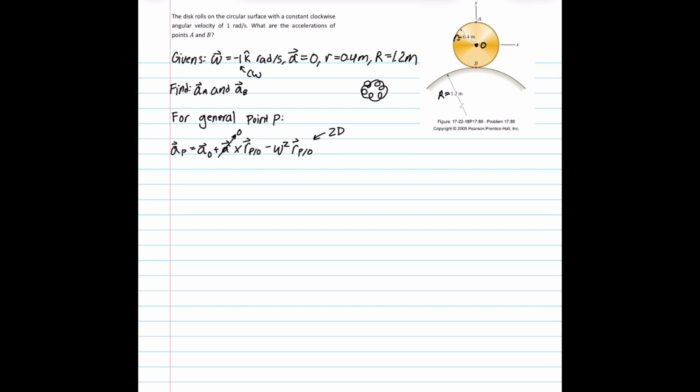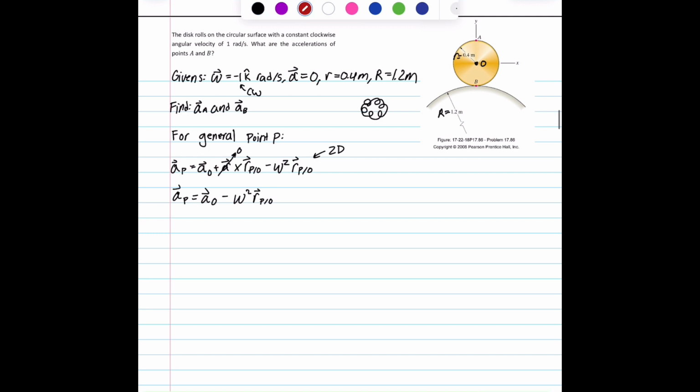Let's rewrite this, taking away that first and only cross product. Great. Okay, so now let's write what we know and what we don't know. We don't know the acceleration of point O. We know those two terms based on givens and geometry.